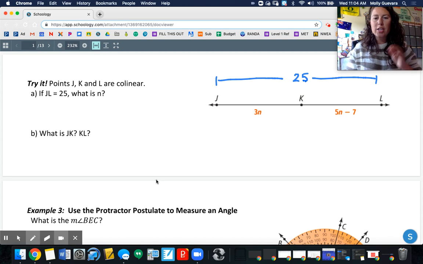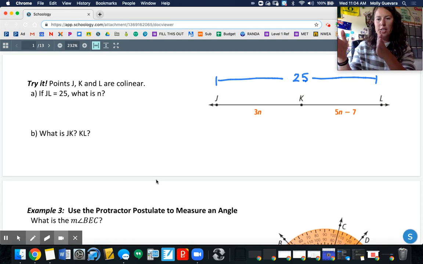Well, I know that JK, which is 3N, added with KL, which is 5N minus 7, is 25. So 3N plus the 5N minus 7 is 25.